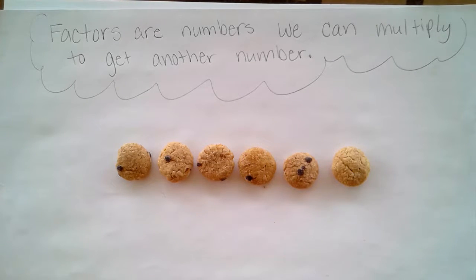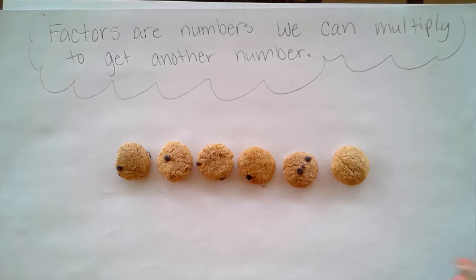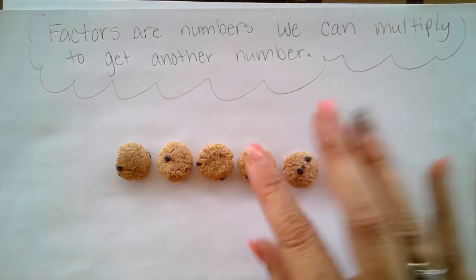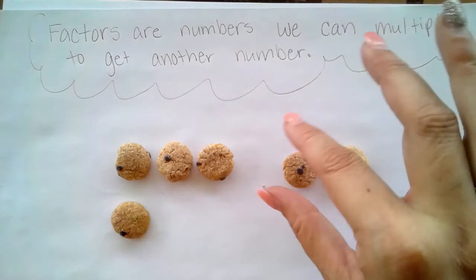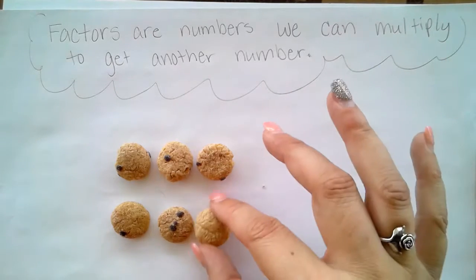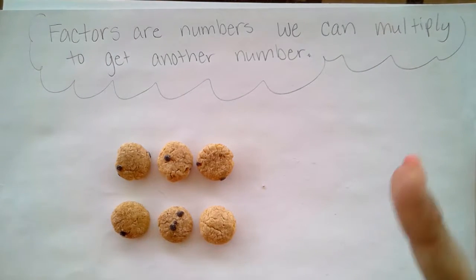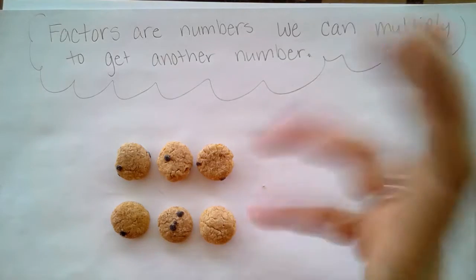An array, which y'all were really, really good at. Is there another way that I could represent this array other than the 6 times 1 and still use all of my cookies? There is. I could do 2 times 3 or 3 times 2. That's what that array would show.